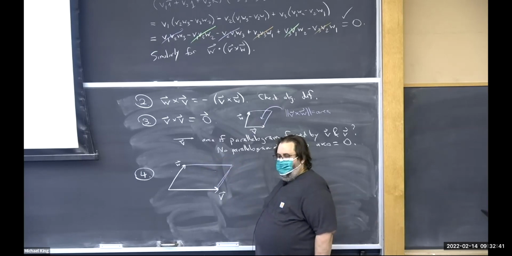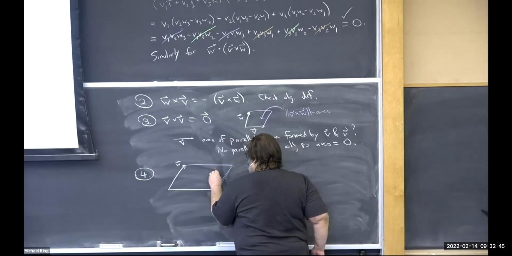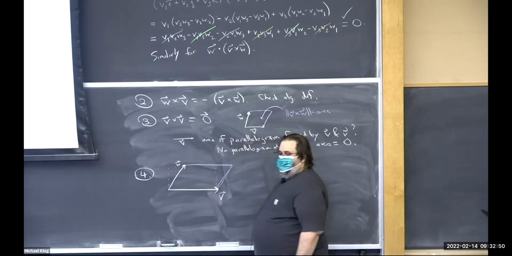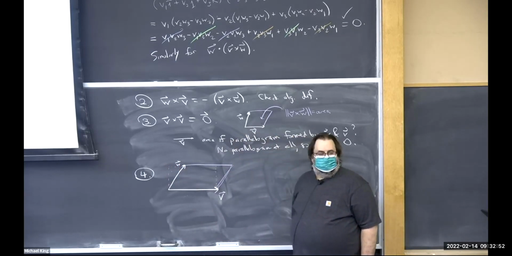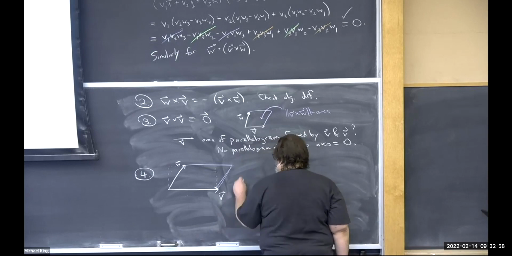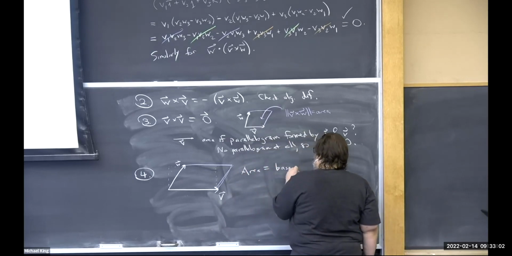Because it's like the rectangle. I think you're getting ahead of it, but it's like the rectangle. One thing you can do is chop this triangle off here and put it there, and you can see that it's the same area. So the area is just base times height. But the claim is that, yeah, area is base times height. But what's the base?